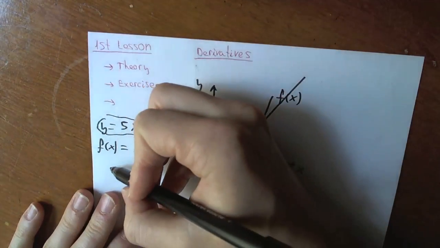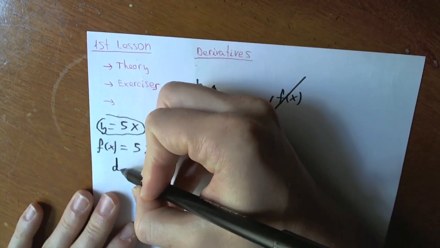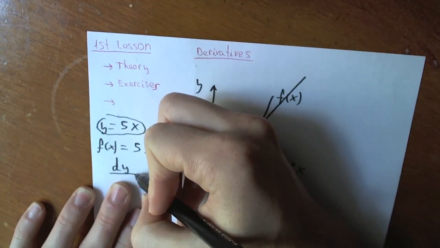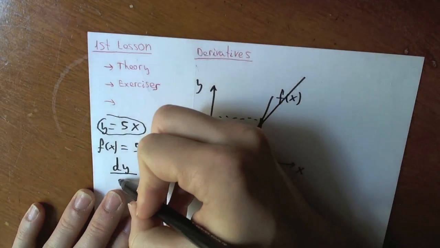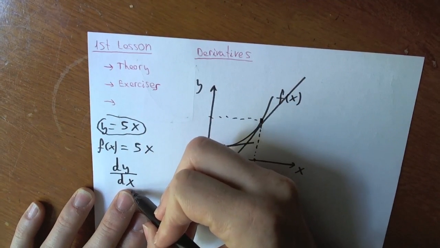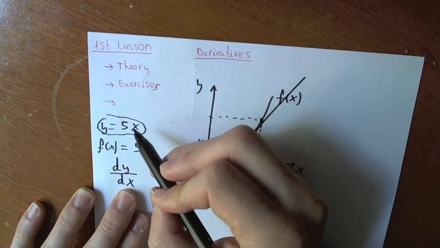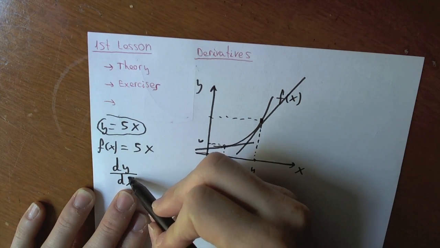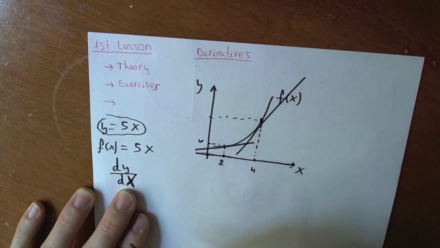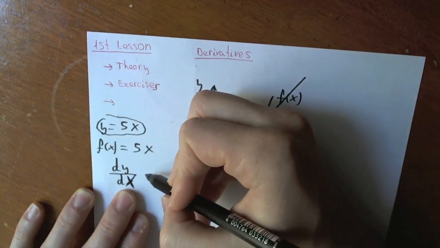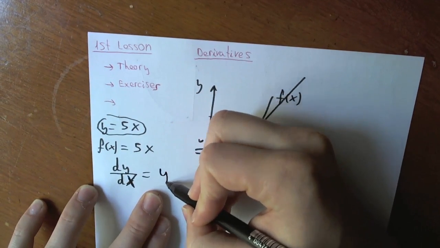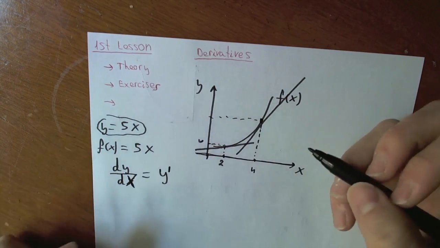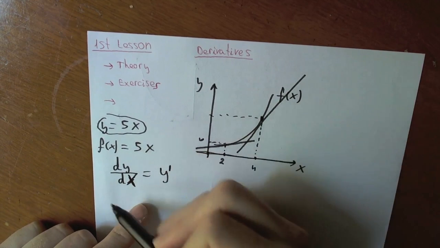We can express the derivative, for example, as the derivative of y, and we are always deriving with respect to x, because x is the independent variable. We can write this like this, or we can write it as y with this line here, y prime, and this is the same. This is the notation for the derivatives.